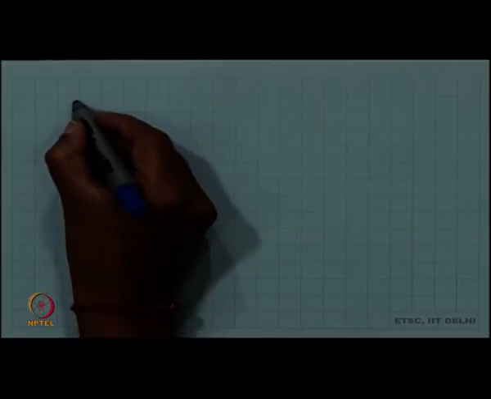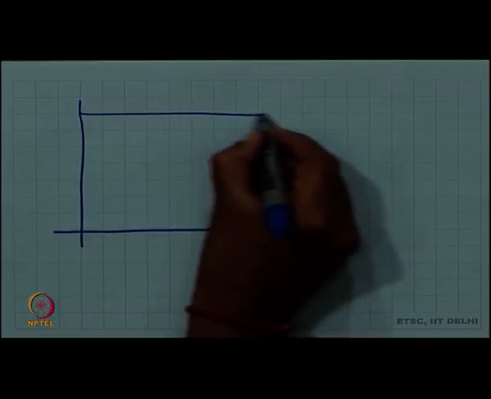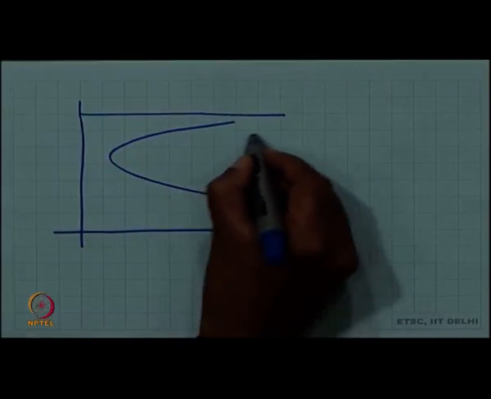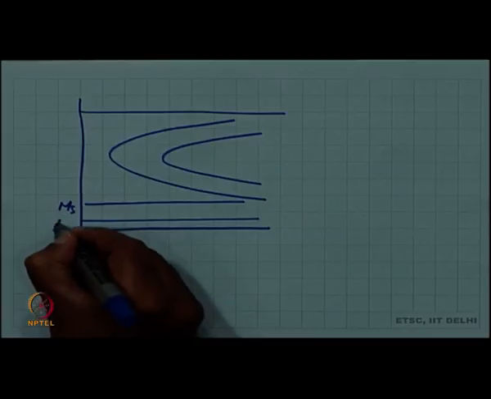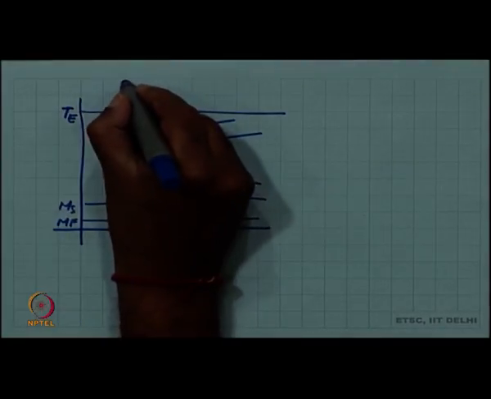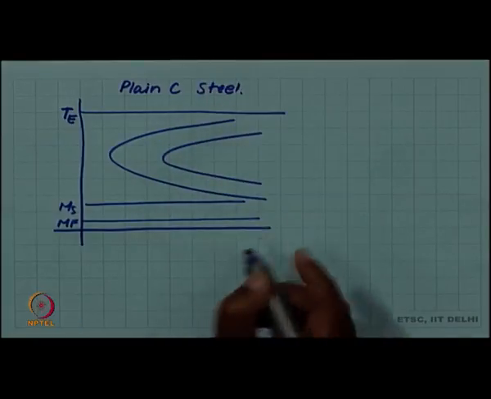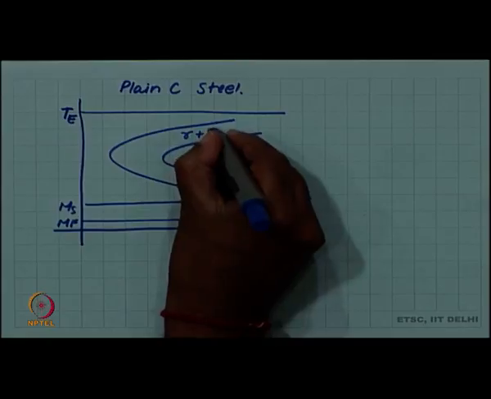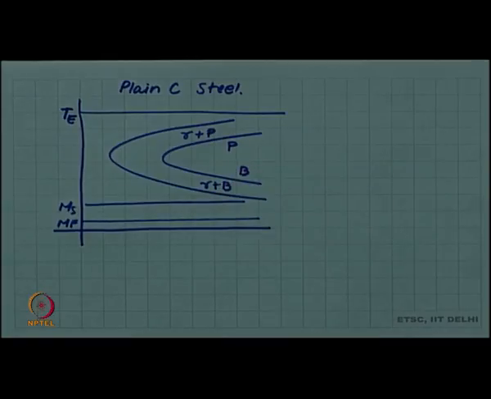You can see that in the plain carbon steel, since you had a single nose, there was no way that if I cool slow, I form pearlite.